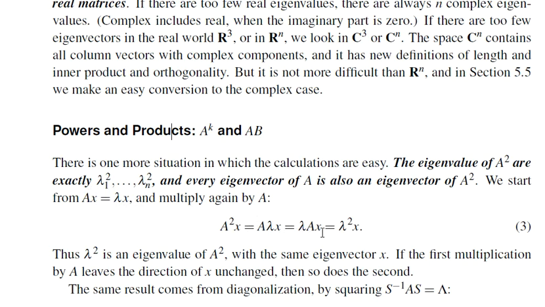Lambda is a constant, so let's take it outside: lambda A x. Now what is Ax? Ax is equal to lambda x. When we substitute, we get lambda square x. So the eigenvalues of A square are lambda 1 square, lambda 2 square, and so on, and the eigenvectors are the same. The eigenvectors of A are also the eigenvectors of A square.